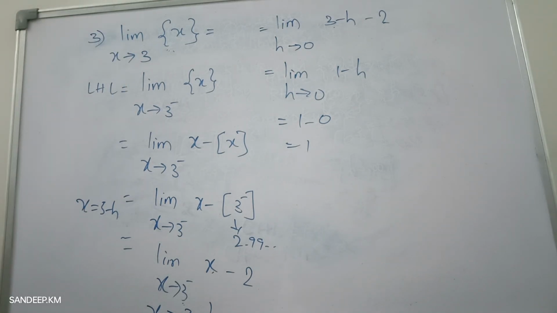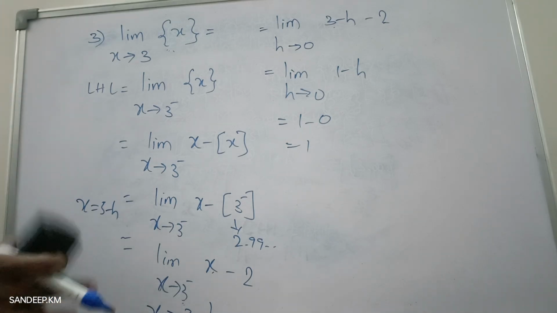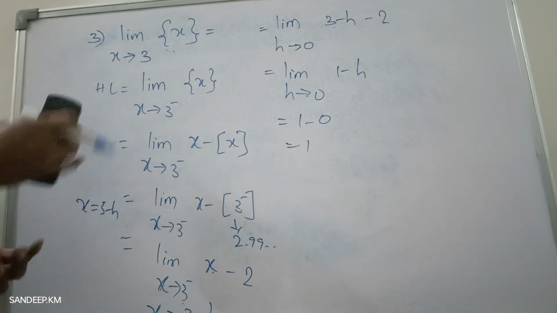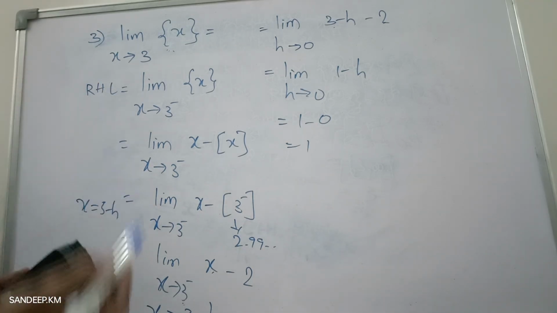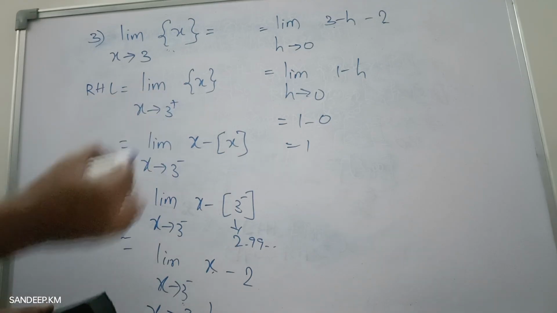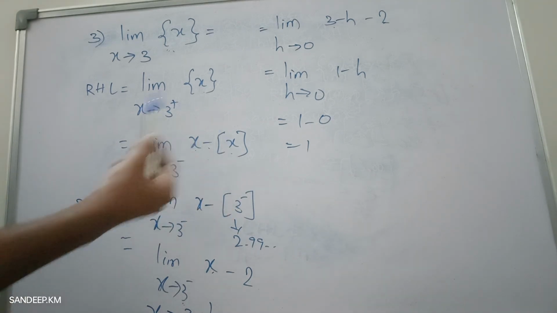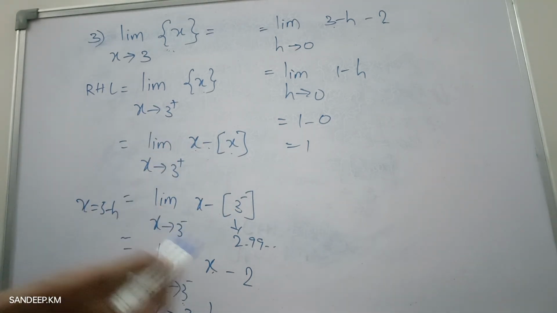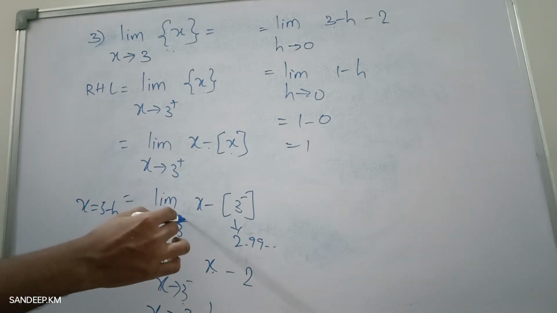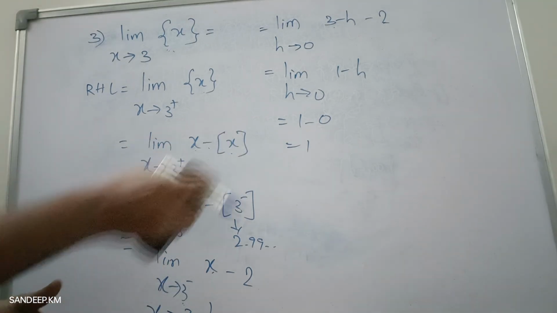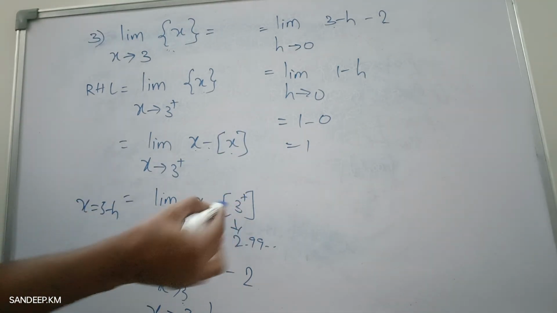Similarly, let us check the right hand limit. In this solution itself, let me find RHL instead of LHL. Limit x approaches 3 plus fractional part of x, and the definition of fractional part of x is x minus step x. Now similarly x is approaching 3 plus, so instead of x we are going to substitute 3 plus.